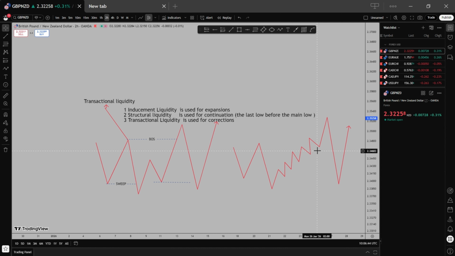But with the simple term I gave you, the last low before the main low, the last low before your protected point, the last low before your POI, the last low before your order block, that is where your structural liquidity is, guys. So from that saying, you would find out that this is your structural liquidity right here.